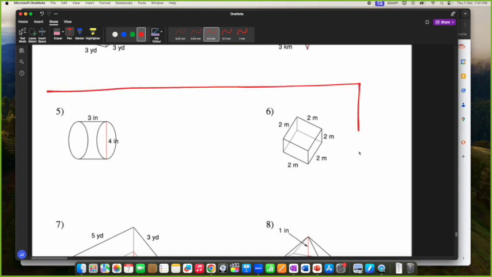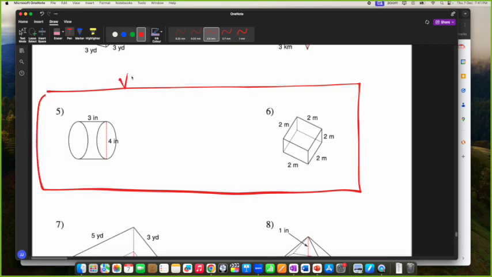Number 5 and number 6, find the volume of these objects. This unit here is inches, in case you're wondering. It's a uniform cross section, so it's just the area of the base.